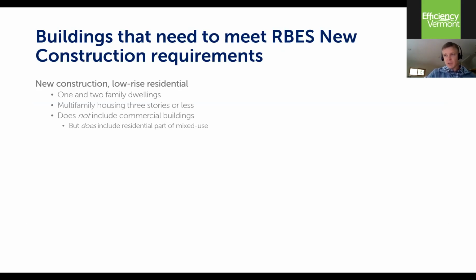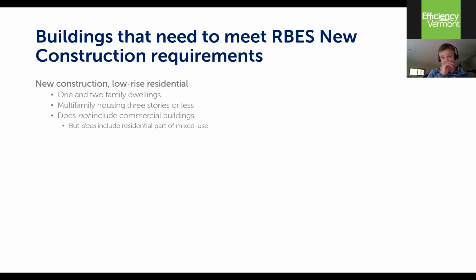So more definitively, what are we defining as residential buildings? These are low-rise residential, 1 or 2 family dwellings. Multifamily housing that's 3 stories or less needs to meet the requirements for the residential code. Multifamily that's greater than 3 stories needs to meet the provisions for the commercial code.